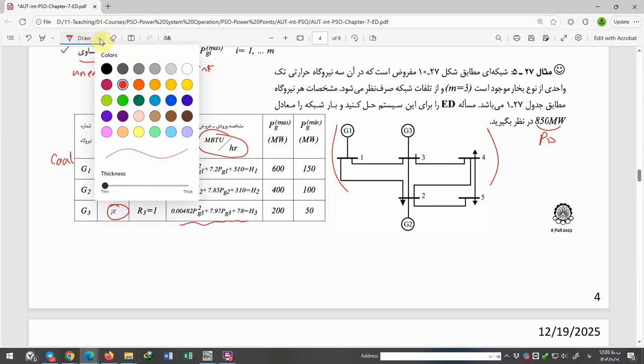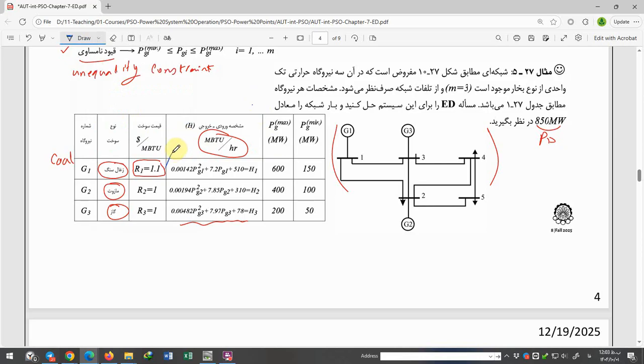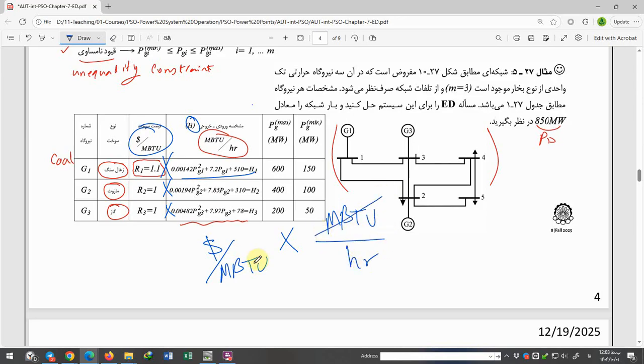If you multiply this rate on the heat rate, or in these equations, you change dollar per megabtu on megabtu per hour, and the megabtu is ignored or deleted, and after multiplying we have dollar per hour.